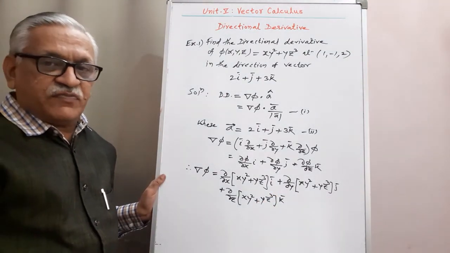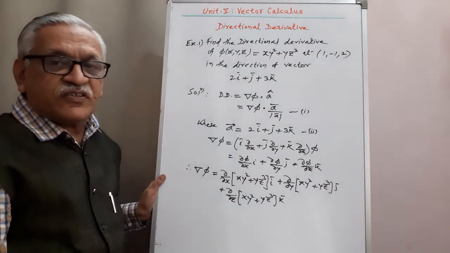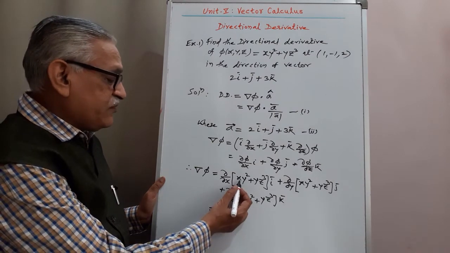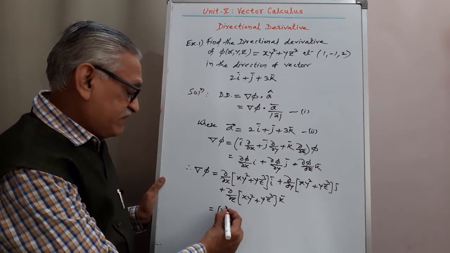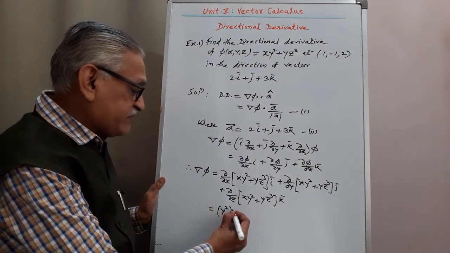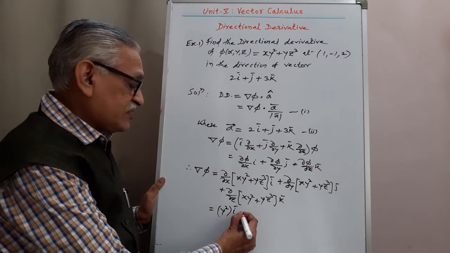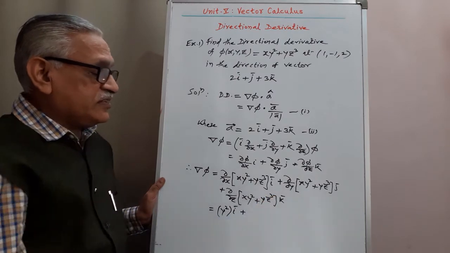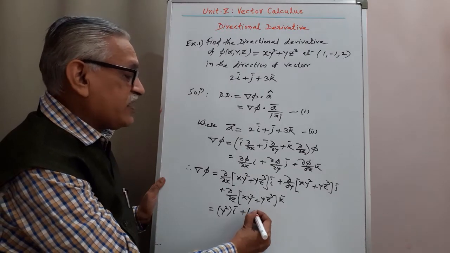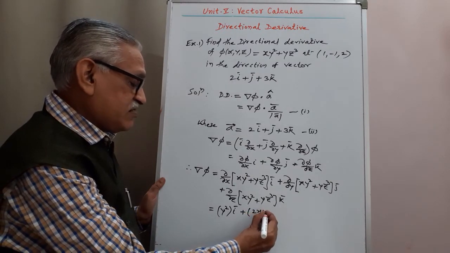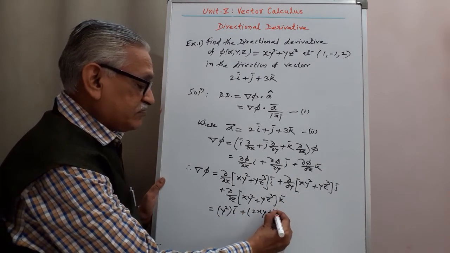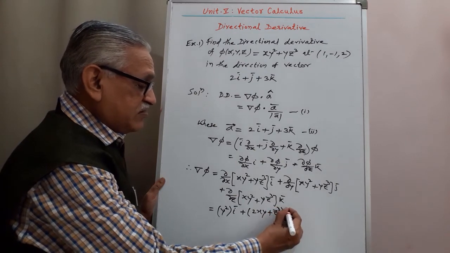and then performing that partial differentiation. When we differentiate with respect to x, we have to consider y and z as constant, and therefore the derivative of the first term with respect to x is y square, and the derivative of the second term with respect to x is 0 as no term of x is there, into i, plus differentiating with respect to y, the derivative of the first term is 2xy, and of the second term is z cube, into j.